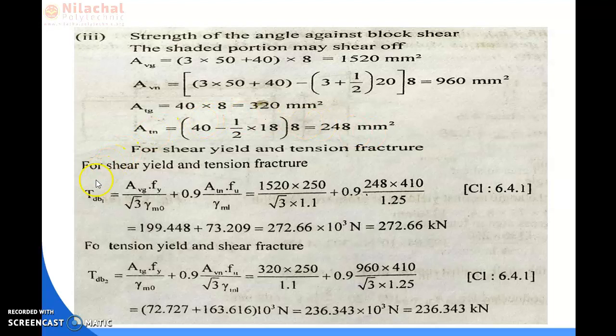Hence, we can find out the block shear strength, that is the TDB1 and TDB2, from these 4 kinds of area.